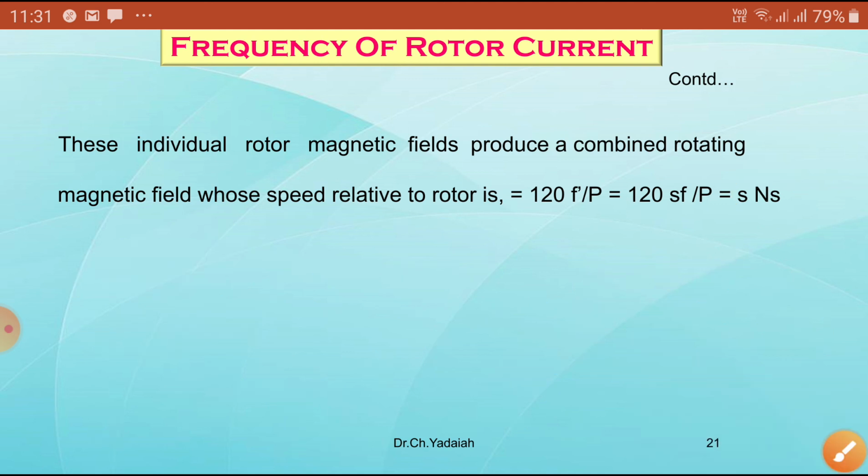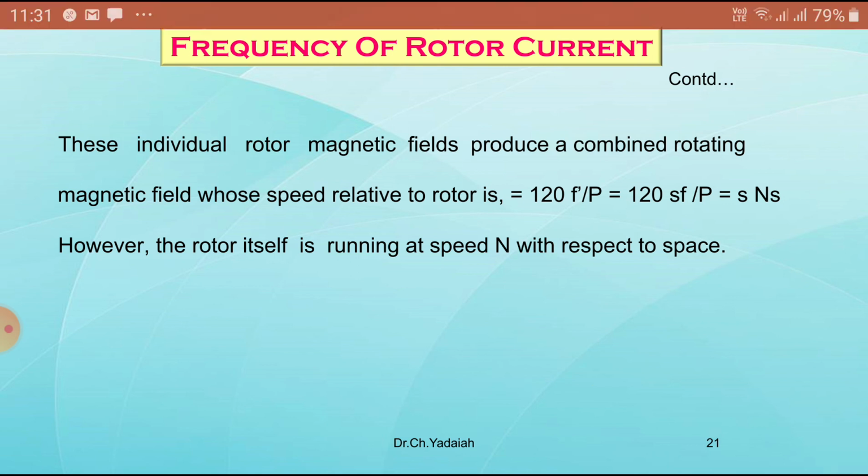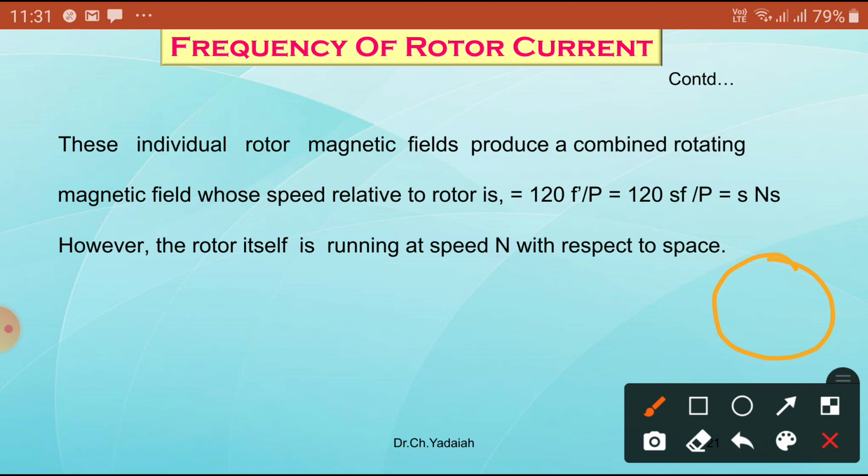Now, the rotor itself is running at a speed N with respect to space. So between the space, the rotor is in normal running condition N, but the field rotating with respect to the rotor is equal to s into Ns.